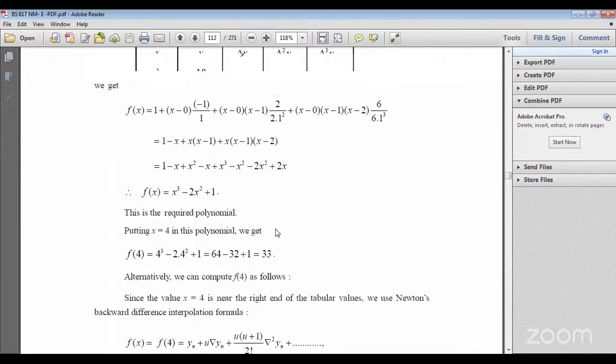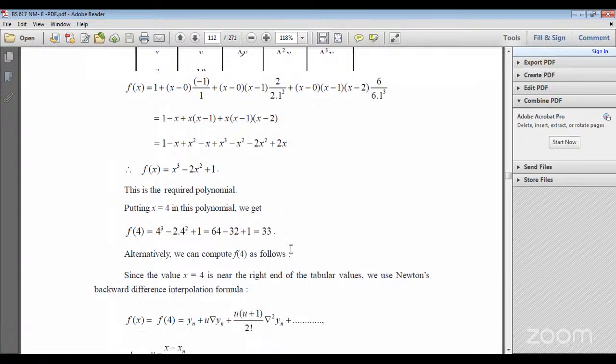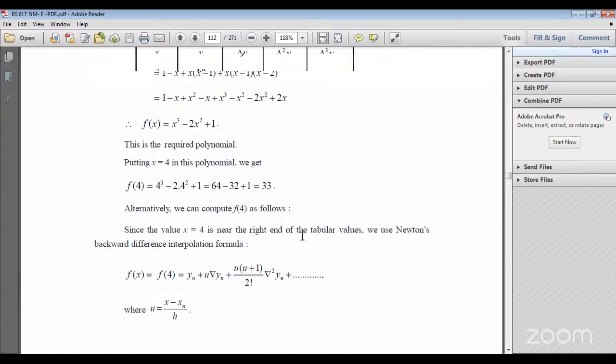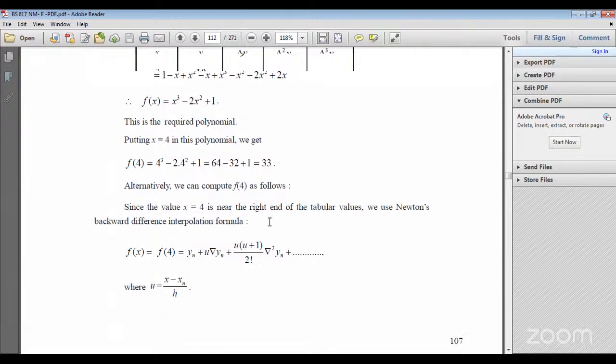So we are taking here, just a minute, and alternatively we can compute f4 also. So therefore, we compute as follows here.